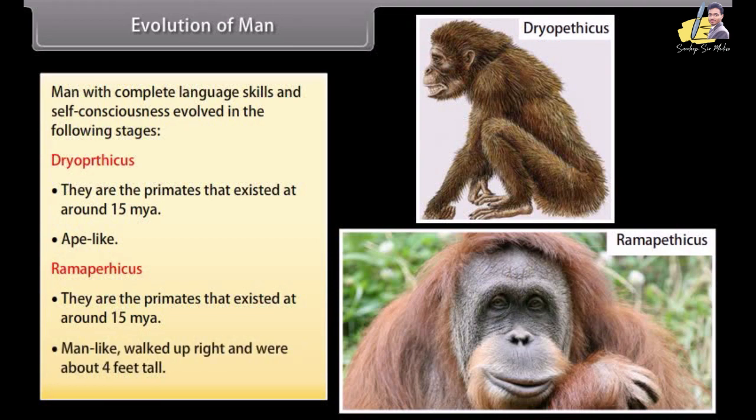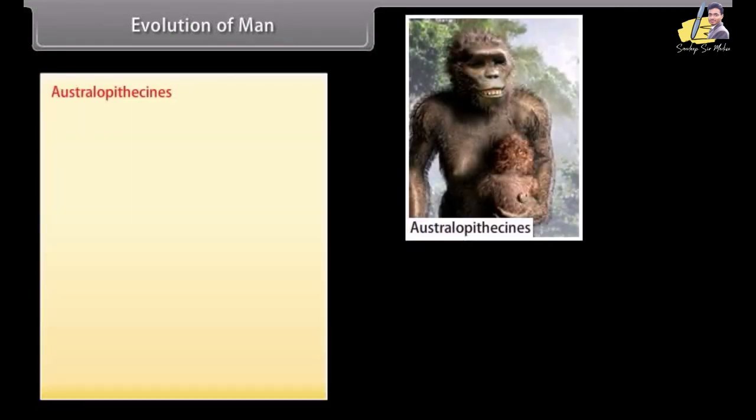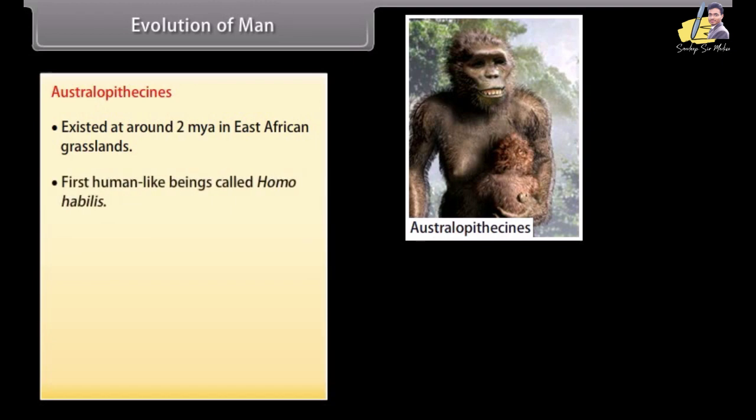Man-like, walked upright and were about 4 feet tall. Australopithecines existed at around 2 million years ago in East Africa grasslands. First human-like beings called Homo habilis. Brain capacity was 650 to 800 cc.